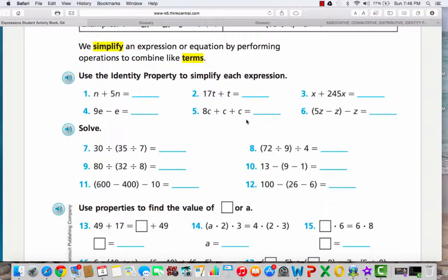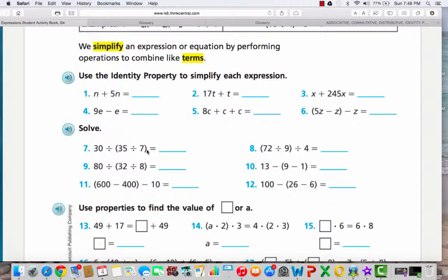So using that order in which you do your expressions, taking a look at number 7, we have 30 divided by, inside of parentheses, 35 divided by 7.